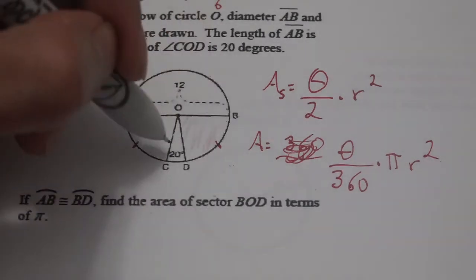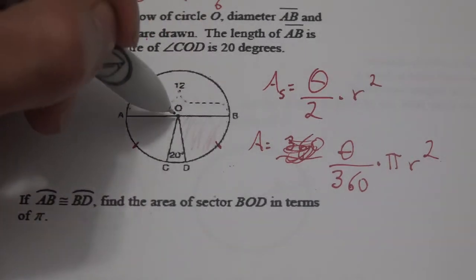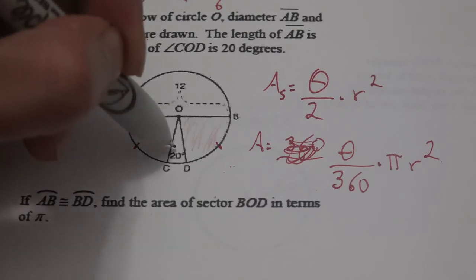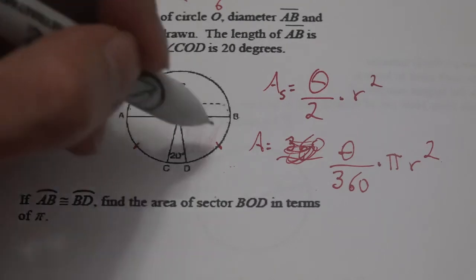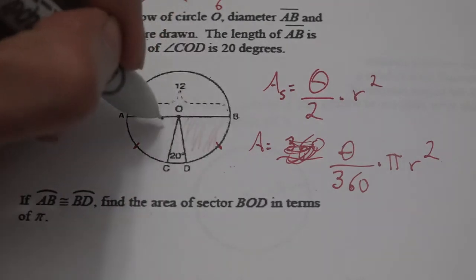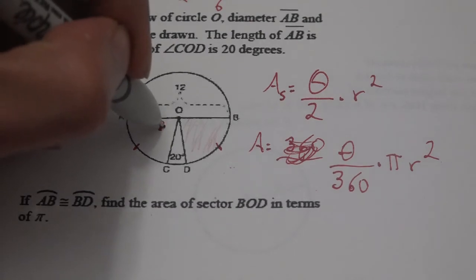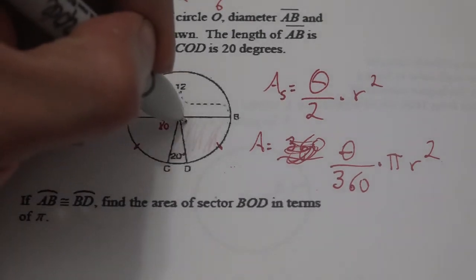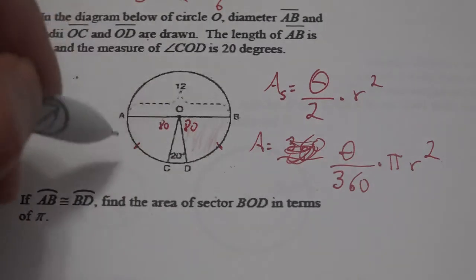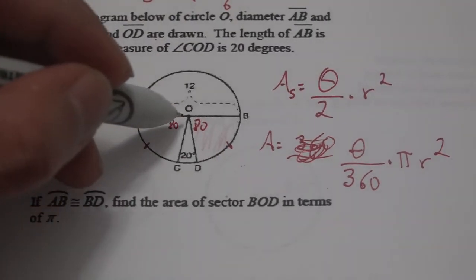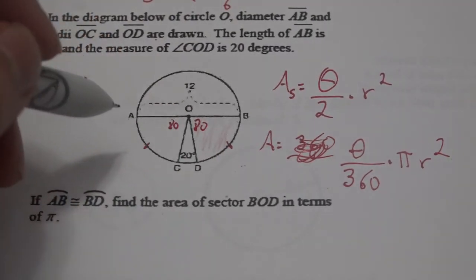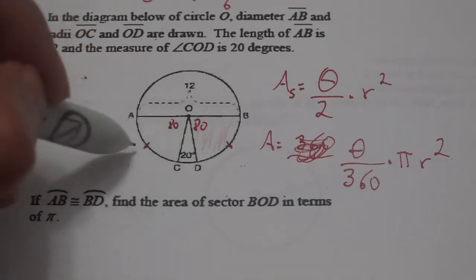This is called a central angle. That's 20 degrees, so you have 160 degrees running around. So this angle is 80 and this angle is 80, because the central angle has the same measure as the arc it cuts. So this is 80 degrees, 80 degrees.